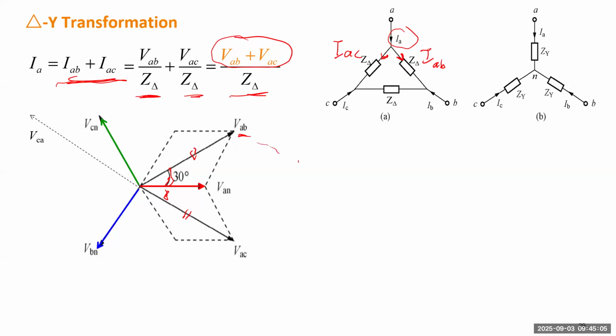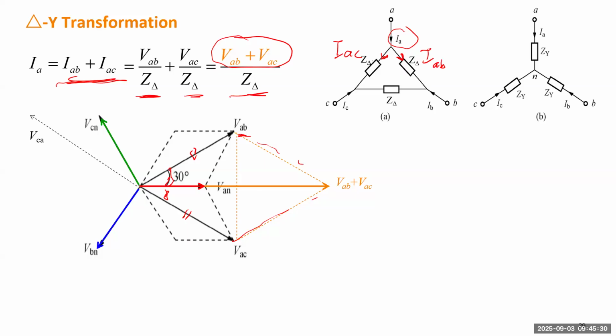We will draw a parallelogram. This will be the sum of the two line-to-line voltages, VAB plus VAC. So what is this one?